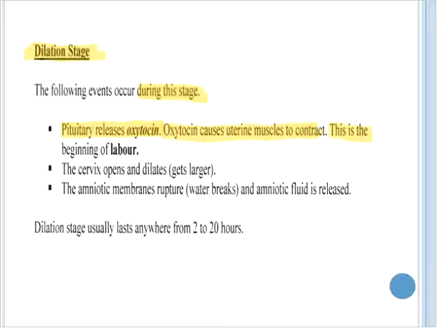This begins the onset of labor. The cervix opens and dilates, gets larger, and the amniotic membranes rupture and amniotic fluid will be released. The dilation stage can last anywhere from 2 to 20 hours and is one of the few examples of positive feedback in the human body. Contractions trigger the release of more oxytocin, which triggers more contractions. That is why during the dilation stage, labor gets stronger and closer together.